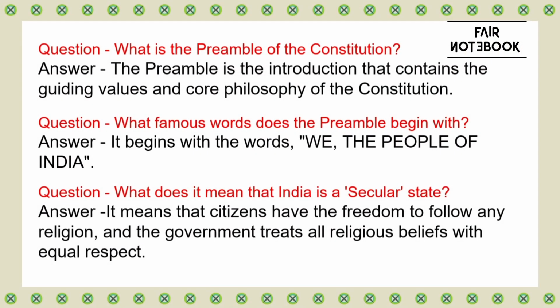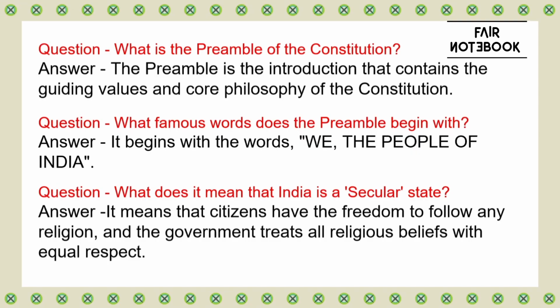Question: what is the preamble of the Constitution? Answer: the preamble is the introduction that contains the guiding values and core philosophy of the Constitution. Question: what famous words does the preamble begin with? Answer: it begins with the words "We, the people of India."